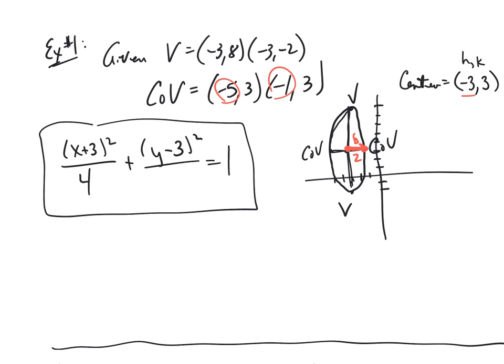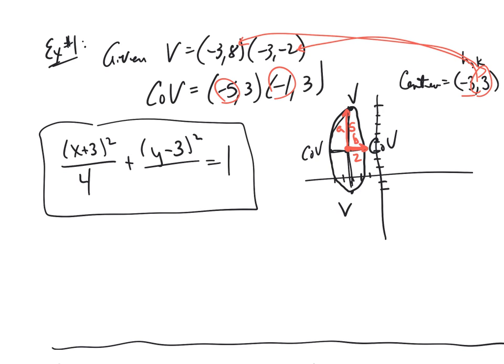And can you tell me what the value under the y's is going to be? Well, that's the distance from the center to the top of the ellipse, squared. In this case, that's going to be an a distance. And can you tell me what the distance is from 3 to 8 or 3 to negative 2? That distance is going to be 5. But we don't put in 5. Remember, it's not a, it's a squared.